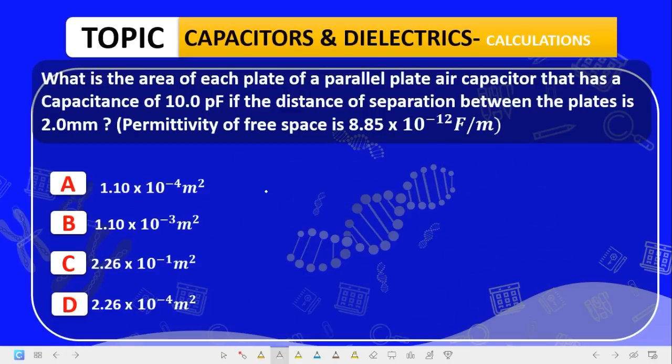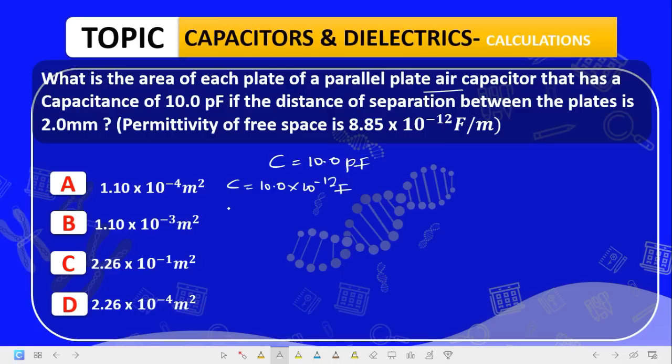Now the next one says, what is the area of each plate of a parallel plate air capacitor? Now you must take note of this. There's no dielectric, that is why they said air capacitor, that has a capacitance of 10 picofarad. Now the capacitance C is 10.0 picofarad, which means times 10 raised to the power of minus 12 farad.